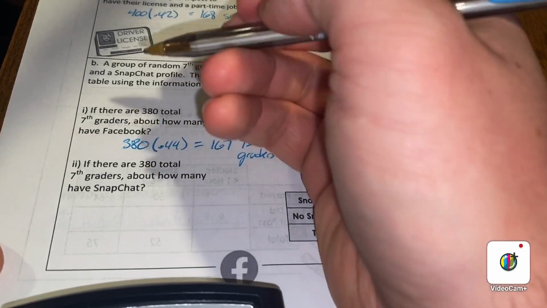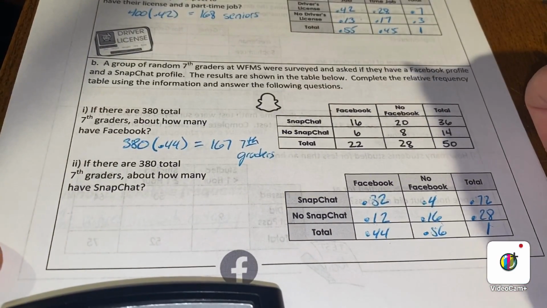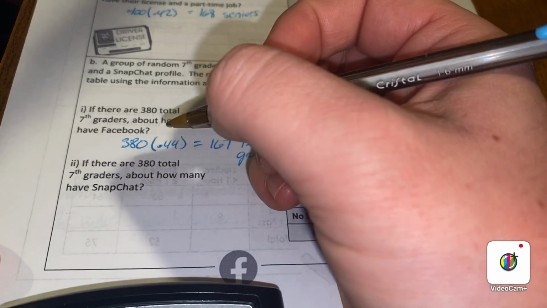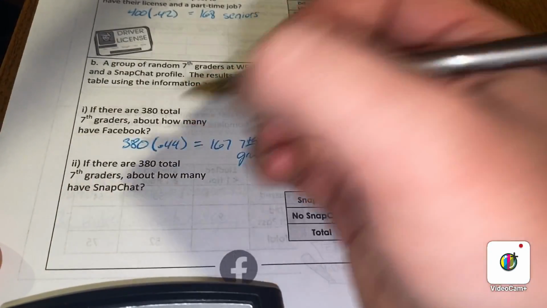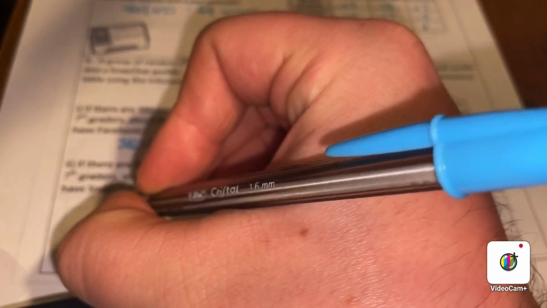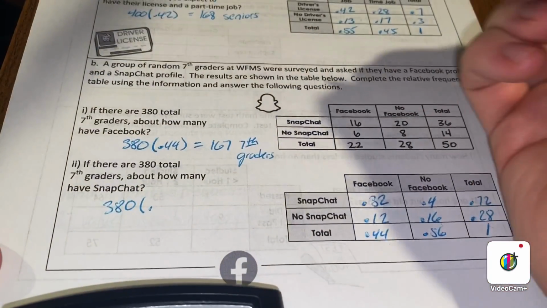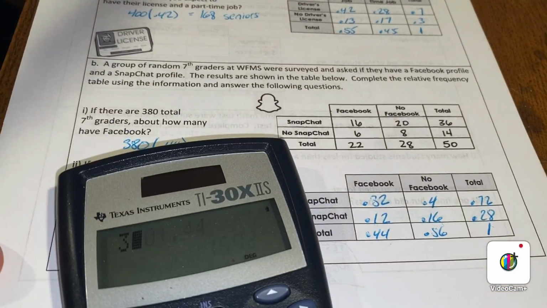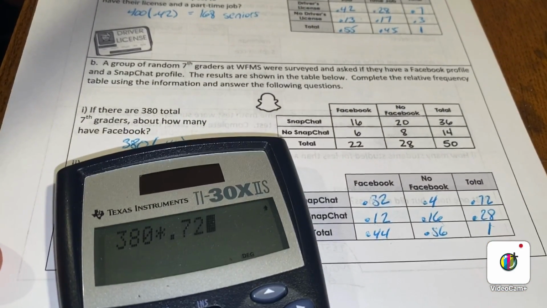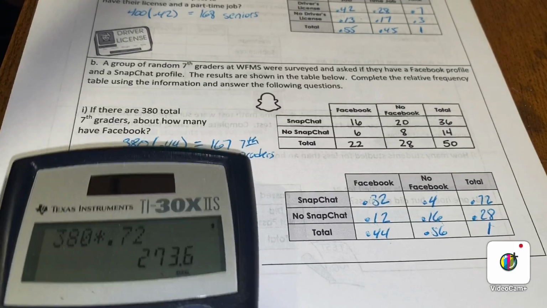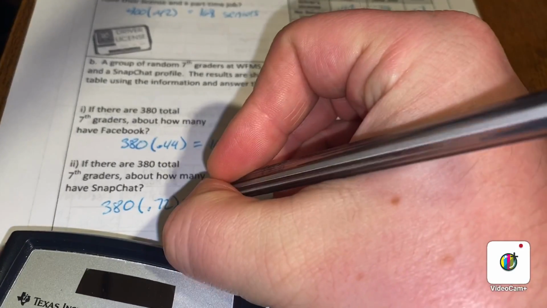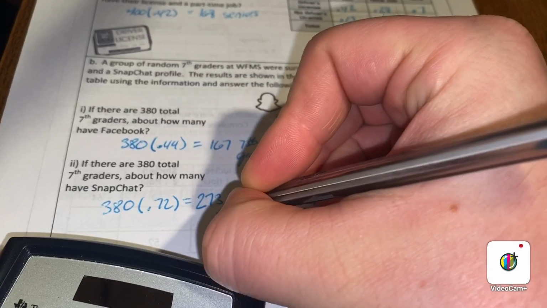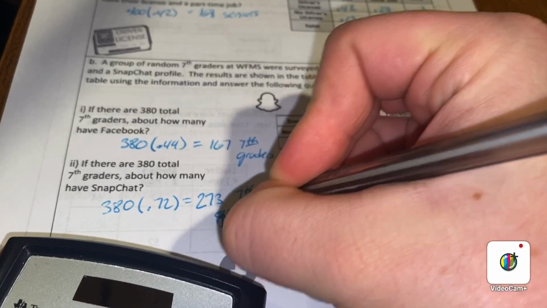Where's Snapchat? 72. So 380 times 0.72 is 273.6. So 273. So 273 7th graders.